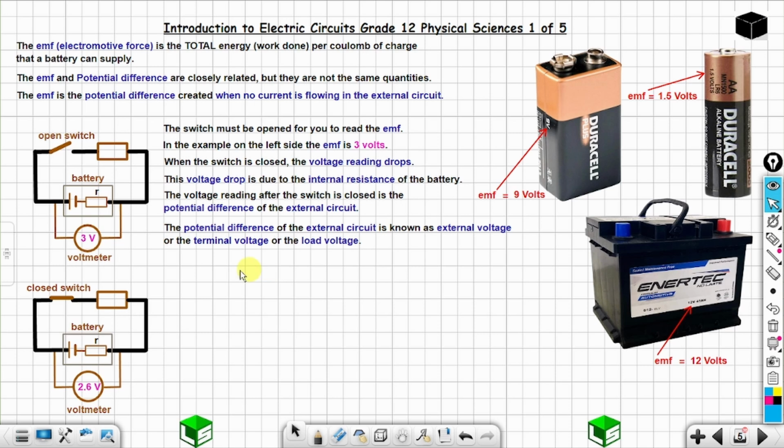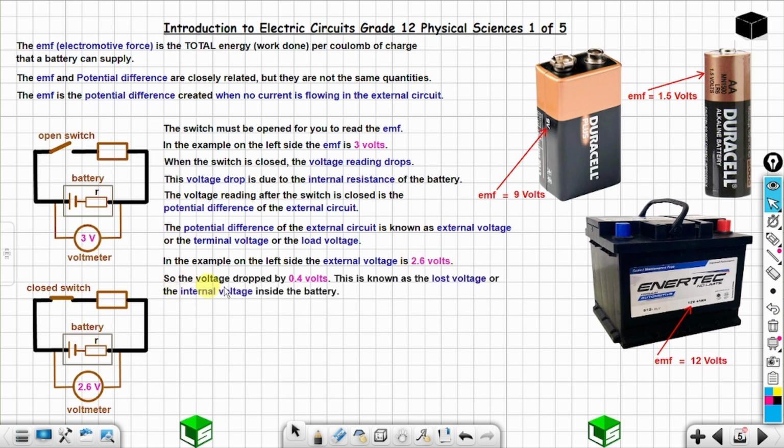We carry on. In the example on the left side, the external voltage is 2.6 volts. So the voltage dropped by 0.4 volts, from 3 volts to 2.6 volts. This is known as the lost voltage or the internal voltage inside the battery.